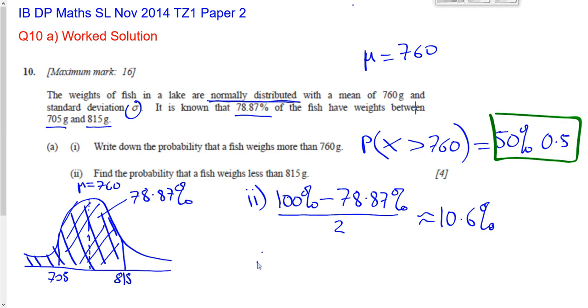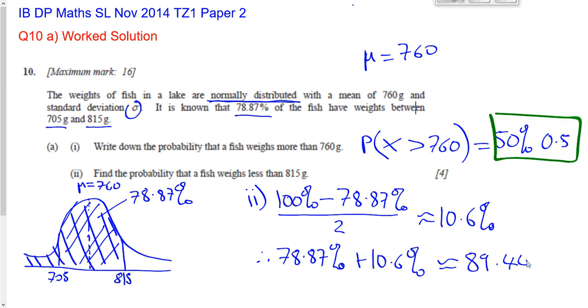So therefore we've got 78.87% plus our 10.6%, the little tail bit at the end there, and that's going to be approximately 89.44%. And that's our other answer.